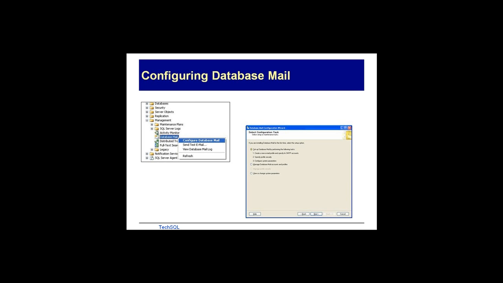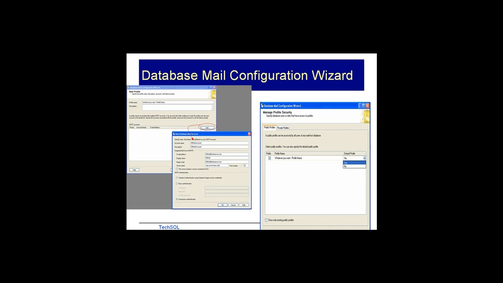Well, before going into much detail, first let us get the concepts of profiles and accounts in database mail. Profiles. Database mail profiles are simply an ordered collection of related database mail accounts. In 2005, you can have a collection of outgoing SMTP servers for your messages.